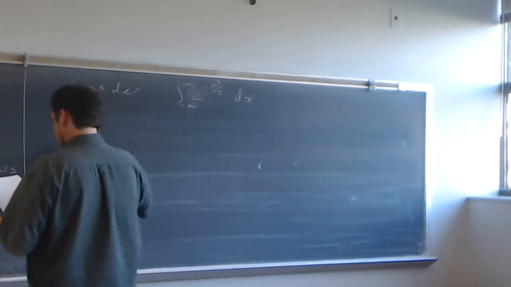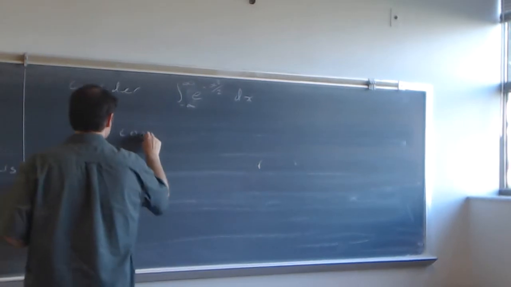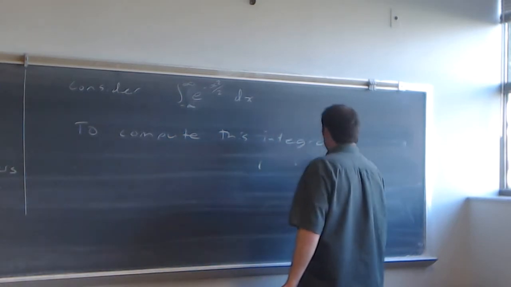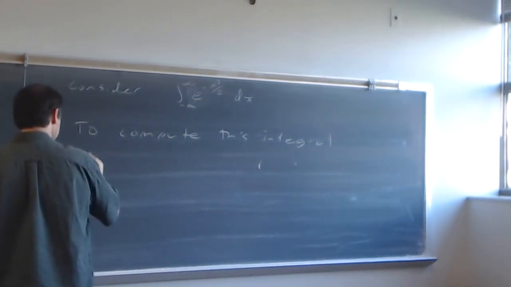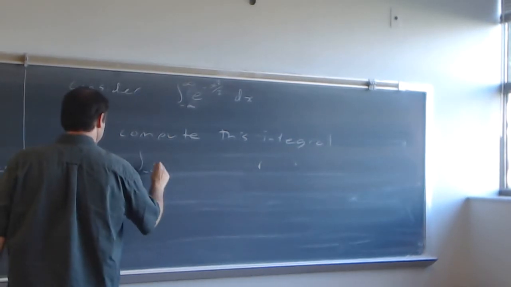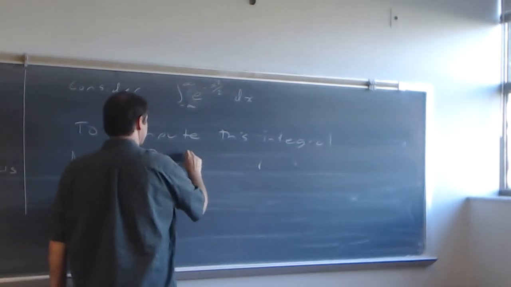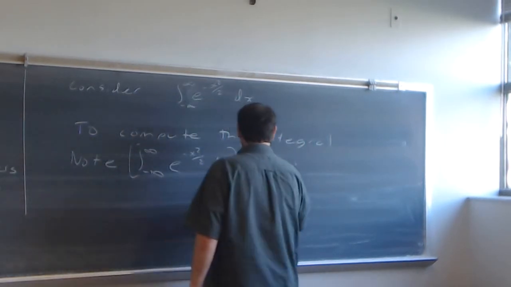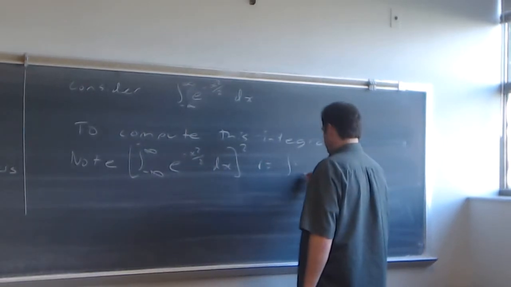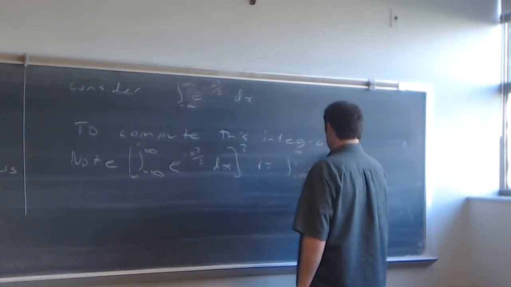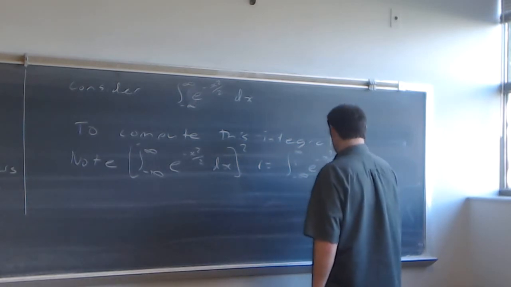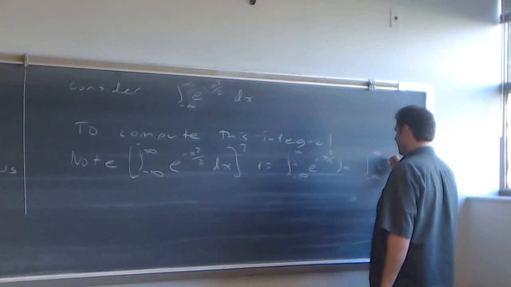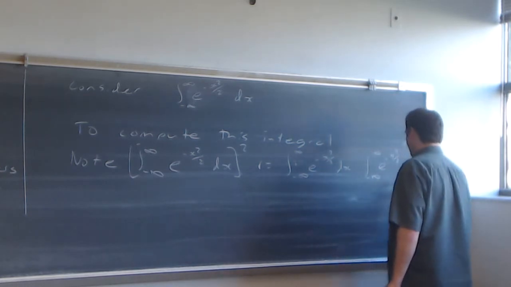So instead, to compute this integral, what we'll do is note that if you were to square it, that's really the same thing as the integral of e to the minus x squared over 2 dx times itself, but instead of writing it exactly the same, I'll use a different variable: e to the minus y squared over 2 dy.